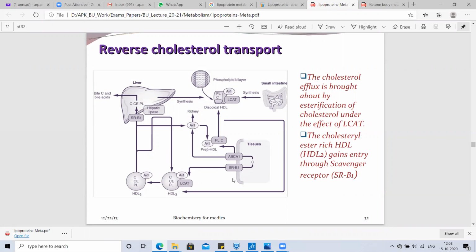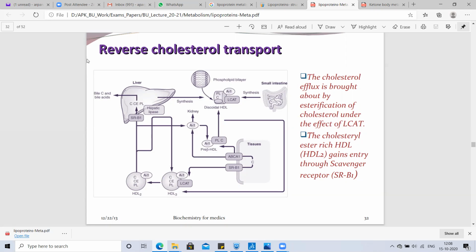Basically, HDL helps in the transportation of lipid from the liver to other organs. We discussed in our earlier class that HDL basically helps in the transportation of lipid from the liver to other tissues.